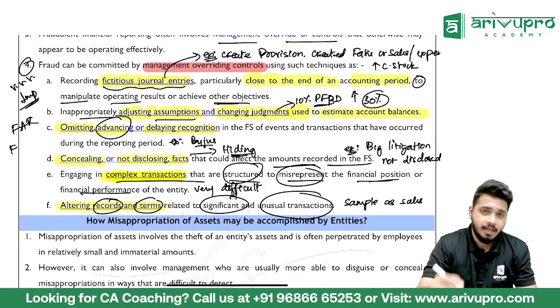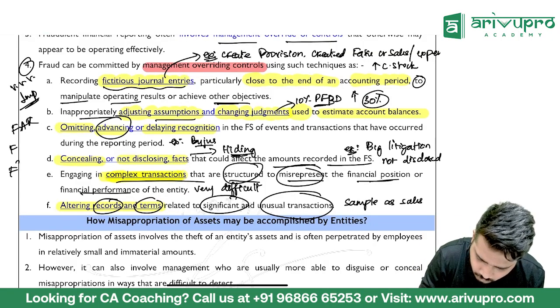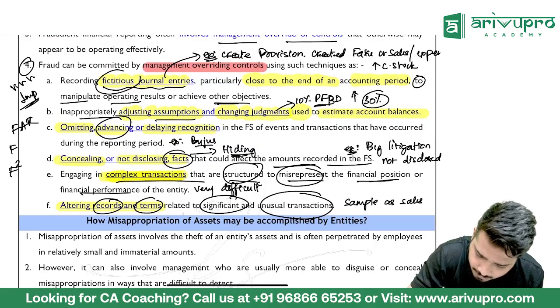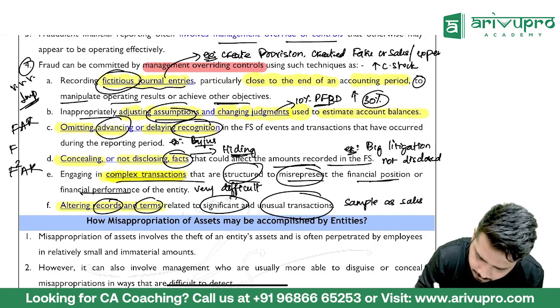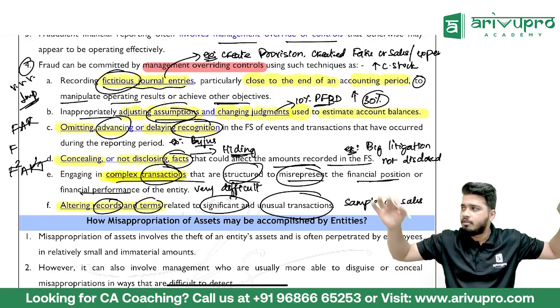If you remember it this way, a little unusual, but F square is there, correct? Facts, fictitious journal entry: F square. Then assumptions: A. Recognition: R. Alteration of records: R square and T. Management overriding controls: FART.